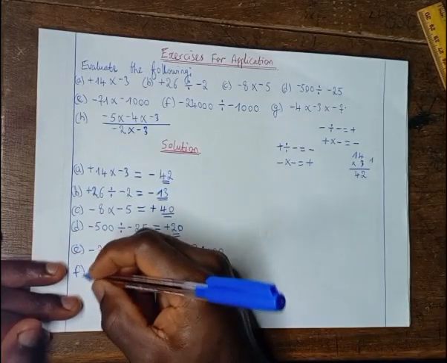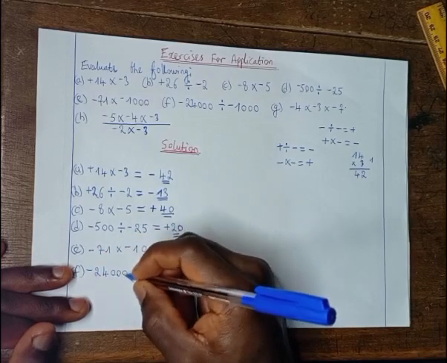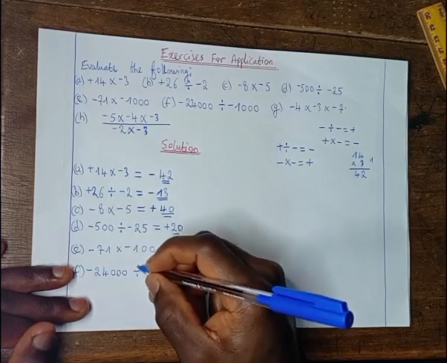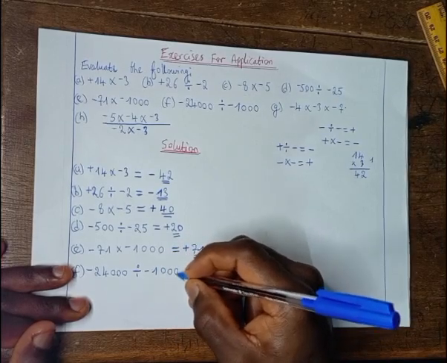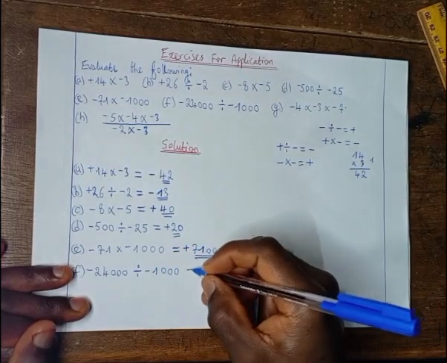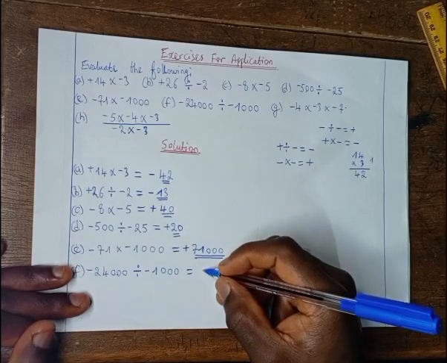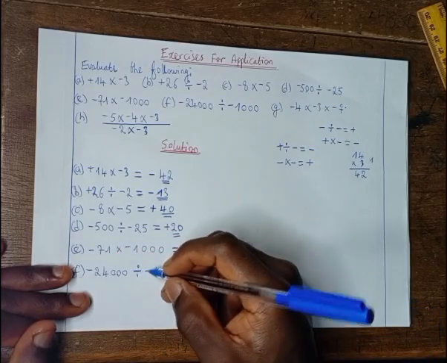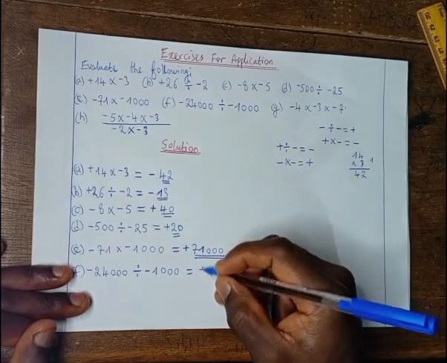For F, we are to divide negative 24,000 by negative 1000. If you divide a negative number by a negative number, the result will be positive. So we have our positive sign.